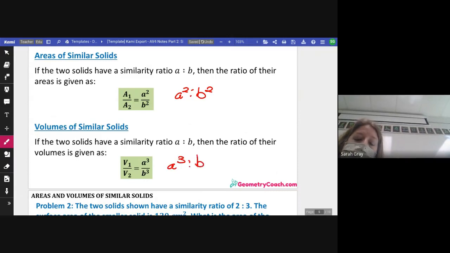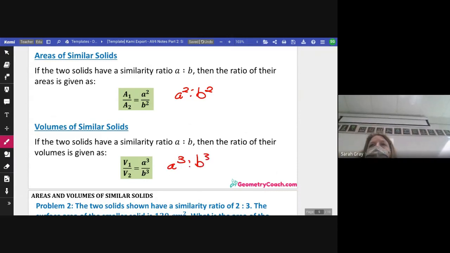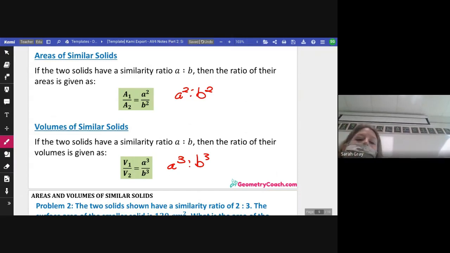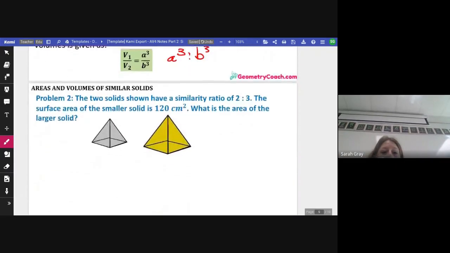It's the cube of the side ratios. If the ratio is 2 to 5, then the volume is going to be 2 cubed to 5 cubed. Okay, questions there?